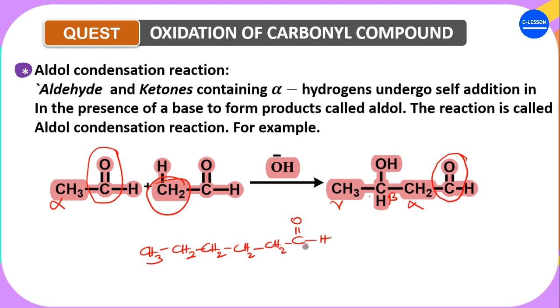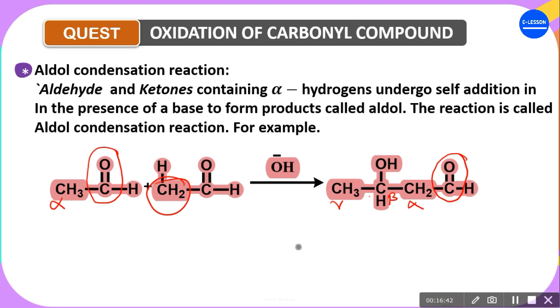Here is the presiding functional group, right? Everyone knows that. Now, if here is the presiding functional group, it means here will be alpha, here is beta, here is gamma, and it continues like that. So, whenever the aldehyde or the ketone has this alpha hydrogen, it can undergo a self-addition reaction. It can undergo what we call a condensation reaction. Now, what is a condensation reaction?